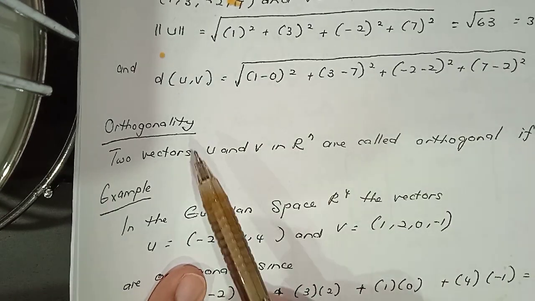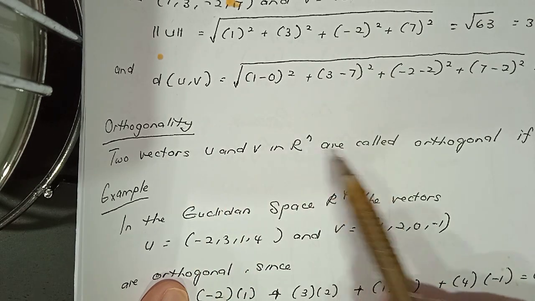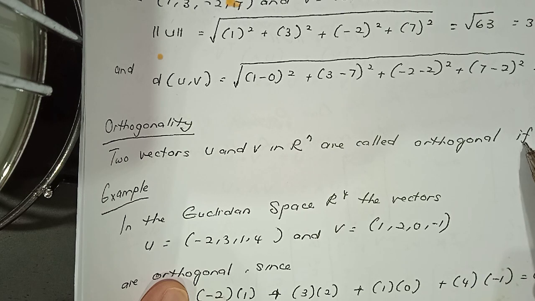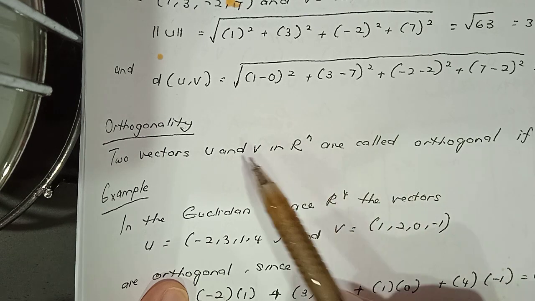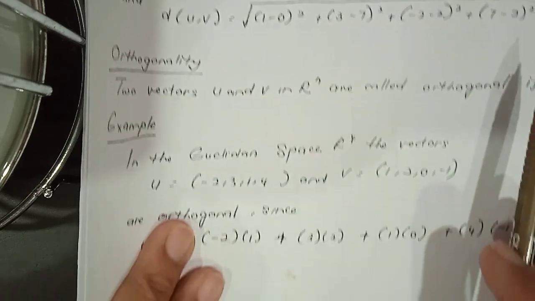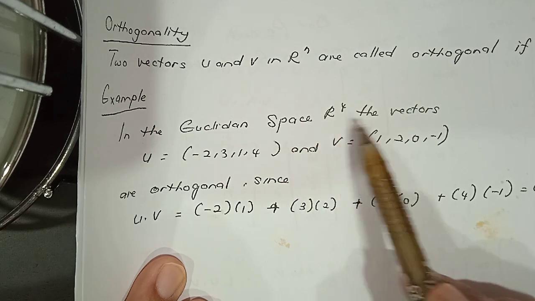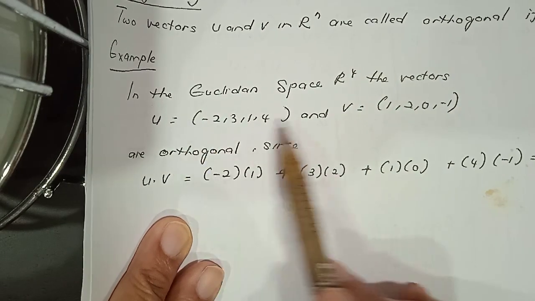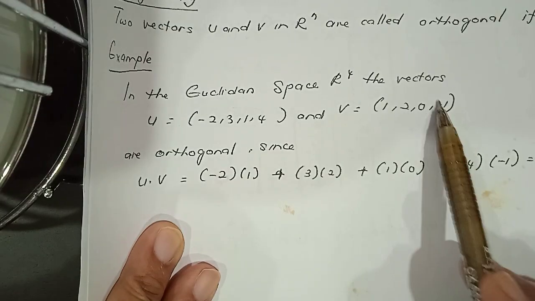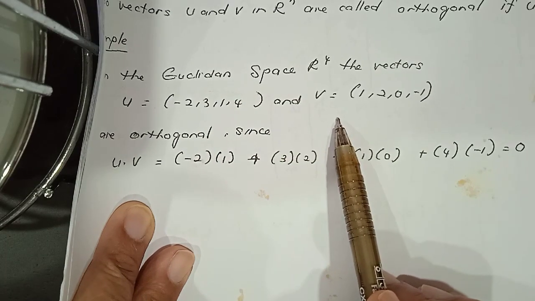Next is orthogonality. Two vectors u and v in space n are called orthogonal if the dot product, or the inner product, of u and v is 0. So we say that the two vectors are orthogonal. Example, in Euclidean space, for the vectors u and v given like this, they are orthogonal since u dot v is 0.